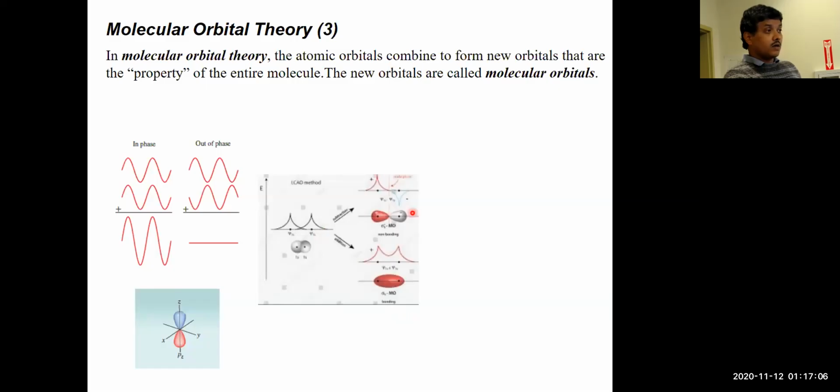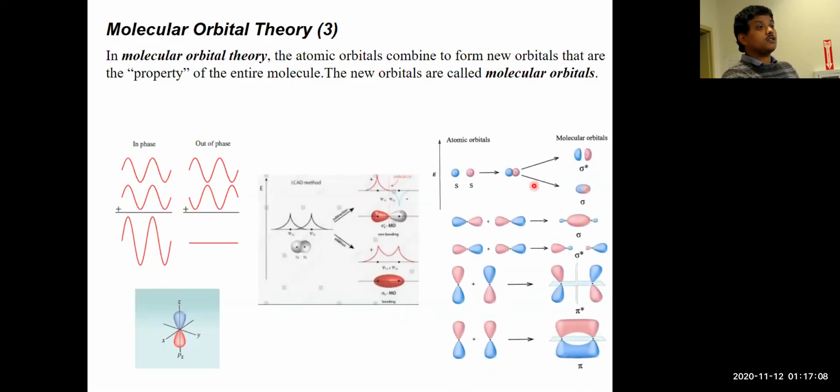Similar to this is how you will form different molecular orbitals. This is just what we saw in this picture. When two s orbitals form molecular orbitals, they form a bonding molecular orbital and an anti-bonding molecular orbital. That is for the 1s orbital, and if you have 1s and 2s orbitals, it's the same thing, because of similar shape, circular.